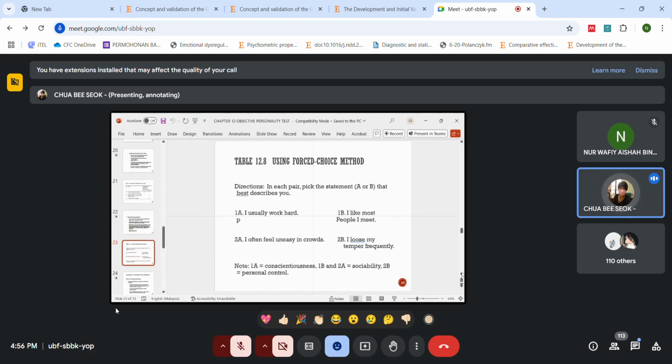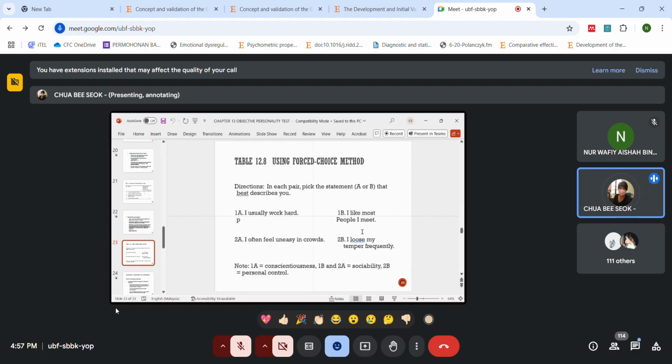So if you pair them together, when the respondent selects their response, it will minimize the social response tendency, meaning they will choose based on their true feeling rather than being influenced by social desirability.